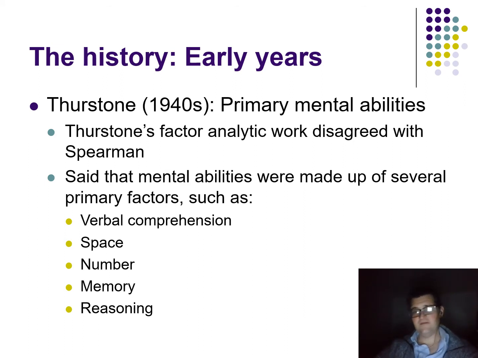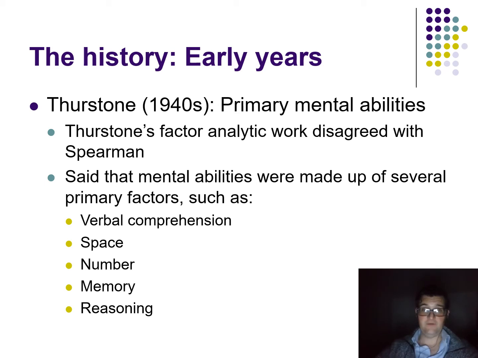So after that, there was other work with probably the most prominent psychometrician in the United States, probably in fact in North America, Louis Leon Thurstone, who developed an approach that was in many ways more statistically sophisticated.